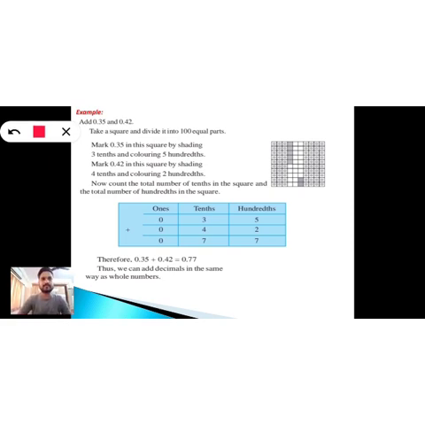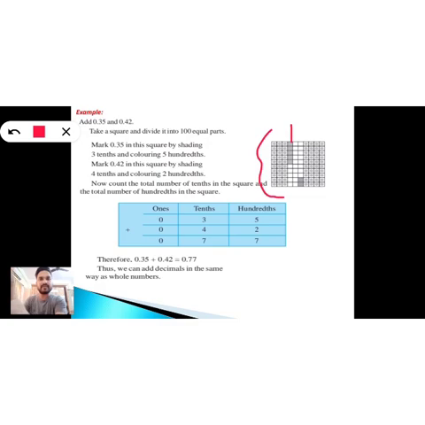Now mark 0.35 in this square by shading 3/10 and coloring the 5 hundredths. It means this is the 3/10 part and these small squares are the 5 hundredths part.